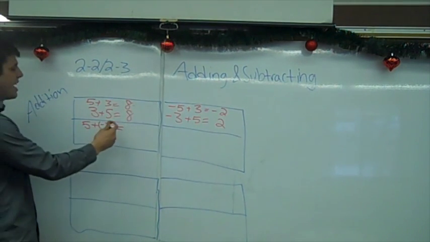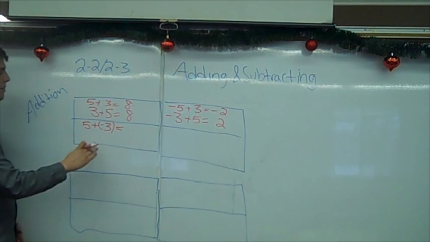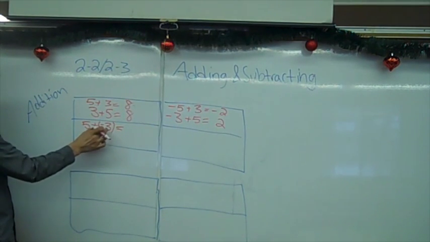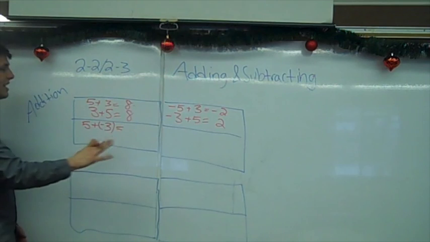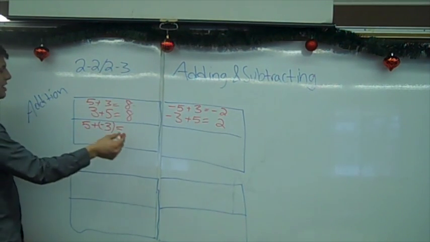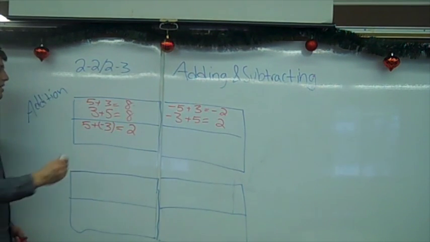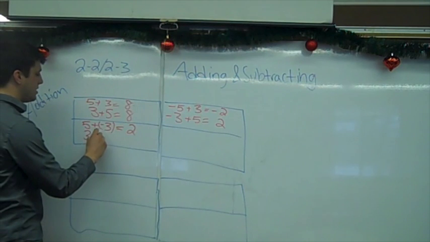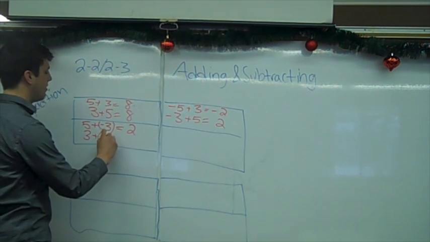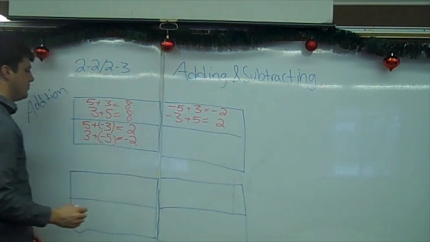A lot of people will just take the plus a negative number and change it into a subtraction statement. But in this case, 5 plus negative 3 is going to be 2. Or 3 plus negative 5 is going to be negative 2.